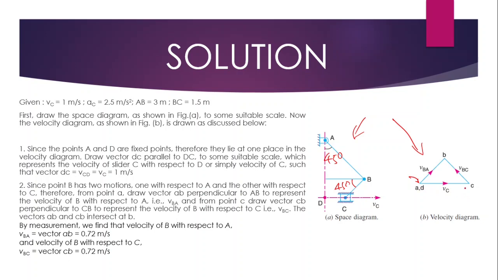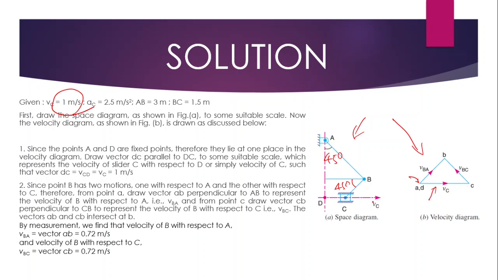VC must be horizontal, and that length must be taken in a particular scale. Here we can take 1 meter per second equal to this much length, 10 centimeter or 5 centimeter, or any other convenient scale. We can take that scale and draw vector dc horizontally.